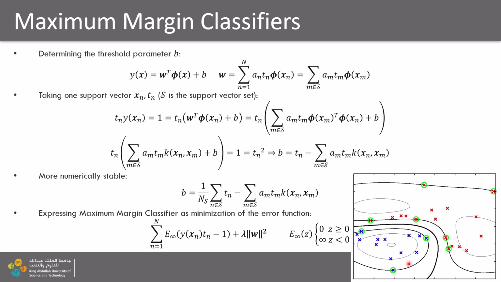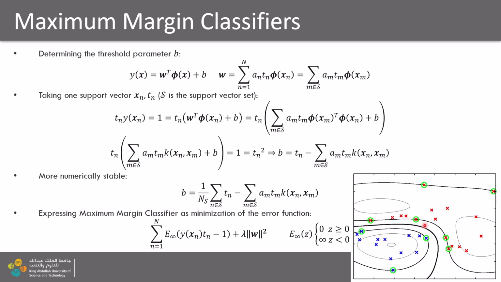This is a picture from the input space, where we have the classification of points X. Red X's are one class, blue X's are another class, and we can see that they are not really linearly separable.